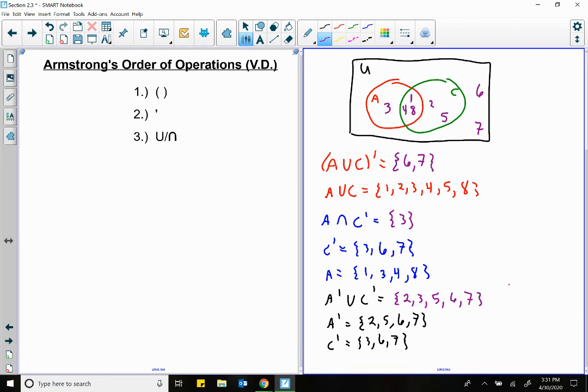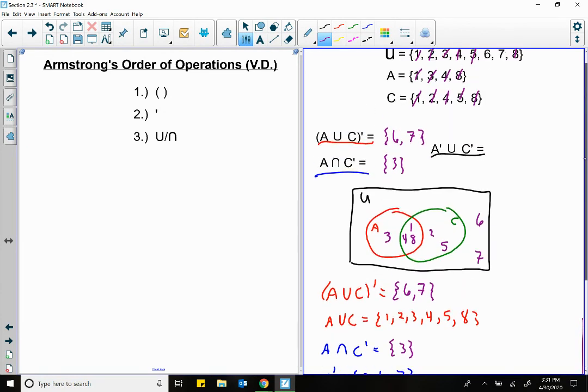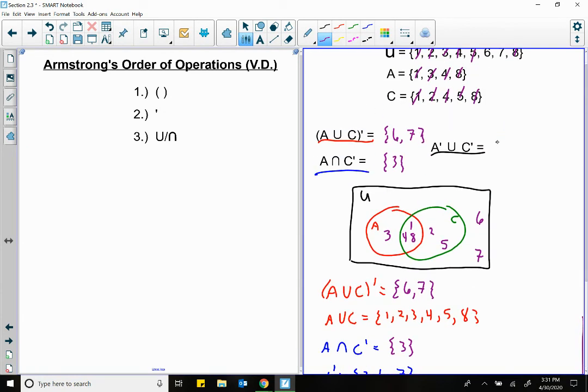And that is the answer. Because these are all the elements in A complement and C complement. So 2, 3, 5, 6, and 7. And there you go. That's as tough as this section's going to get.